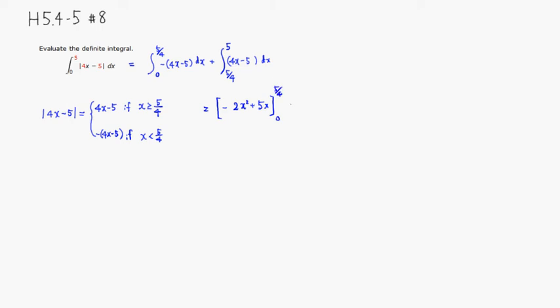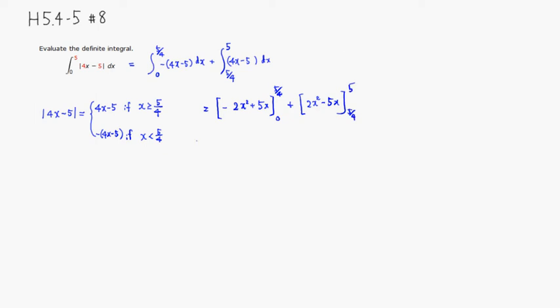Then plus the antiderivative of 4x, which is 2x squared, and the antiderivative of negative 5, which is negative 5x, going from 5 quarters to 5.